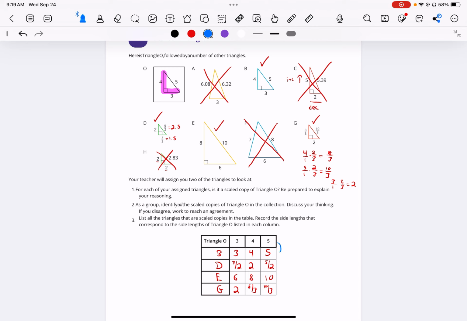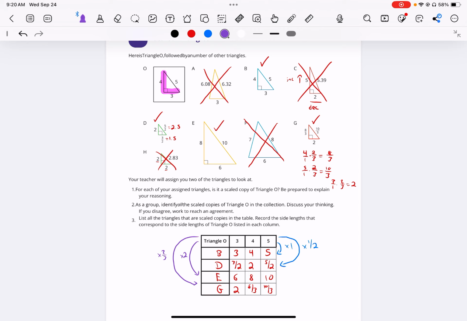I notice to go from triangle O to triangle B, it's multiplied by 1. Triangle O to triangle D, it got cut in half, so it's multiplied by 1/2. Triangle O to triangle E, it was doubled, so it's multiplied by 2. And triangle O to triangle G, we just determined we multiplied by 2/3.